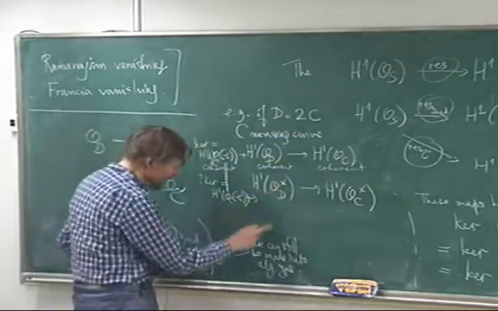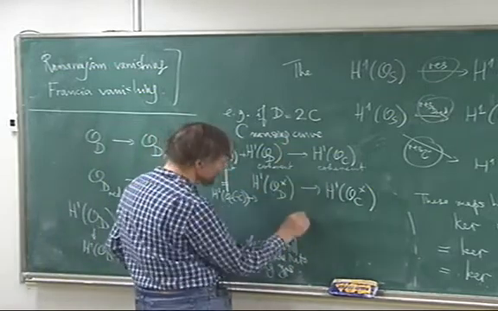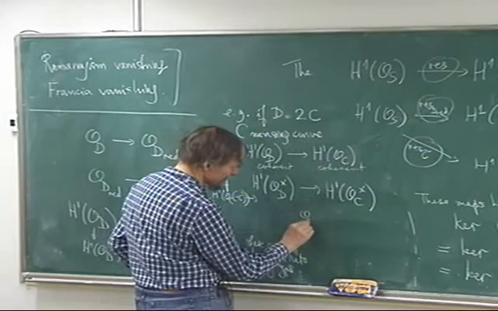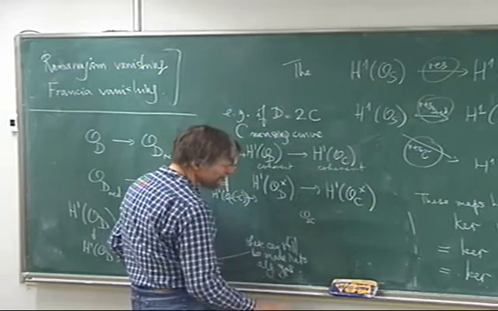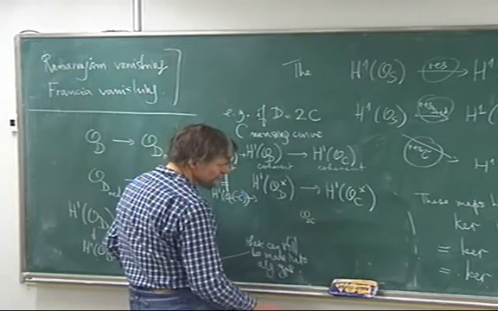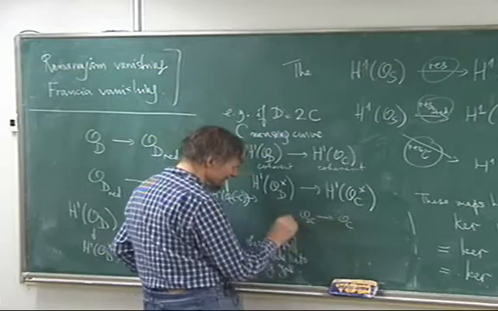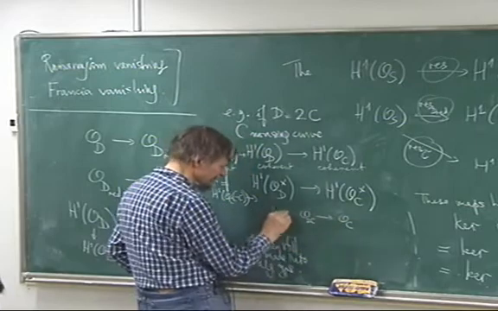On the other hand, if you look at the kernel here, it means I take a function on 2C, and I take functions there that map to 1 on C. So I take the kernel of this.